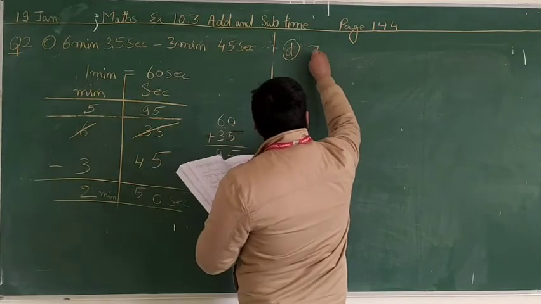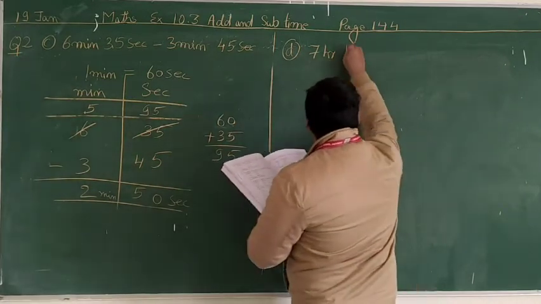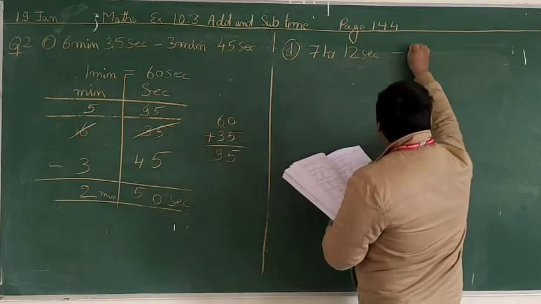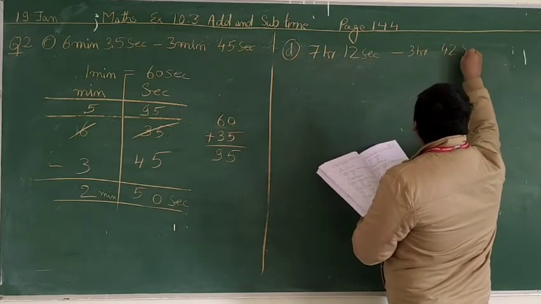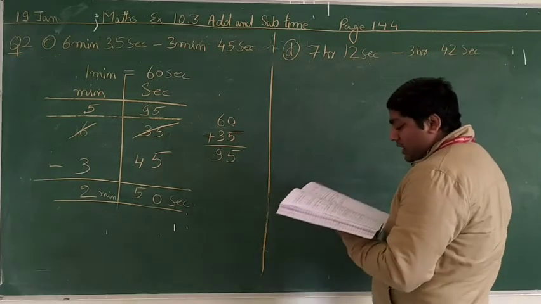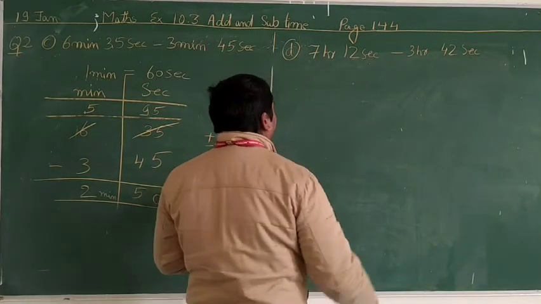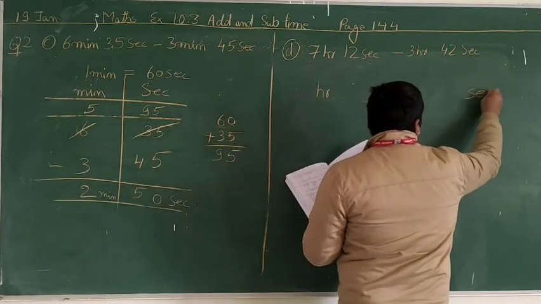Question number D is 7 hours and 12 seconds minus 3 hours and 42 seconds. Now, to know how will you do the subtraction, you have the hour and second.